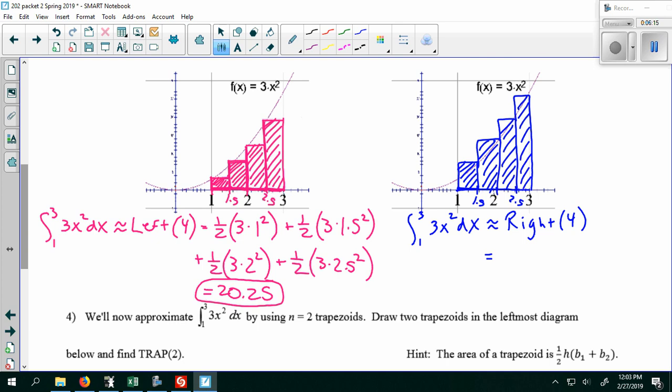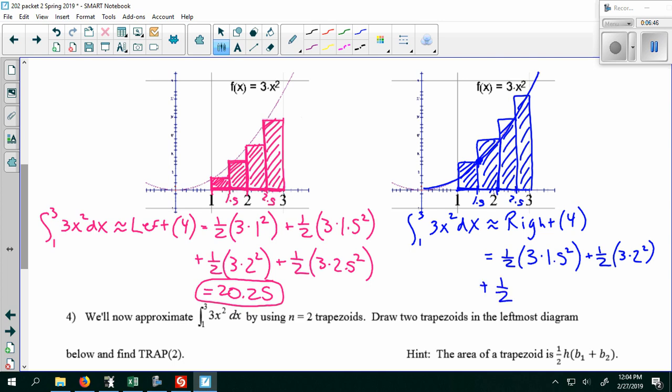So my first rectangle, it's got a base of 1.5, and its height is this value on the function f of x equals 3x squared, this y value. So I plug 1.5 into 3x squared. 3 times 1.5 squared. Next rectangle, base of 0.5, its height is 3 times 2 squared. Just plugging 2 into the function.